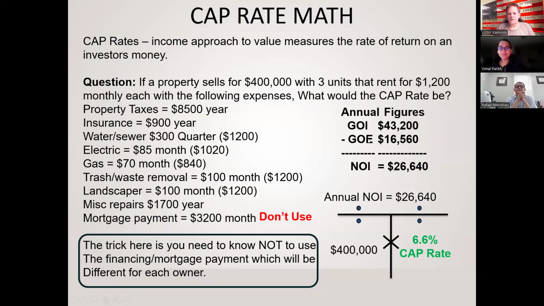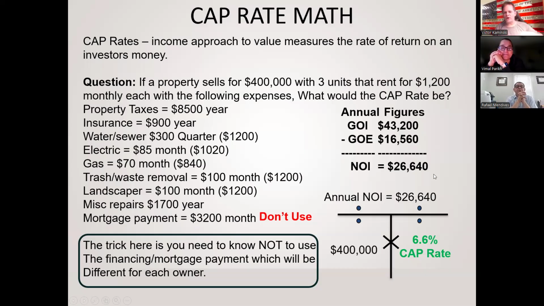And then for the expenses, we converted all the quarterly expenses, yearly expenses, and monthly expenses to annual, and then we just added them up. Then we subtract the expenses from the income, and you get the net. Do not calculate the financing, the mortgage loan, into the expenses.